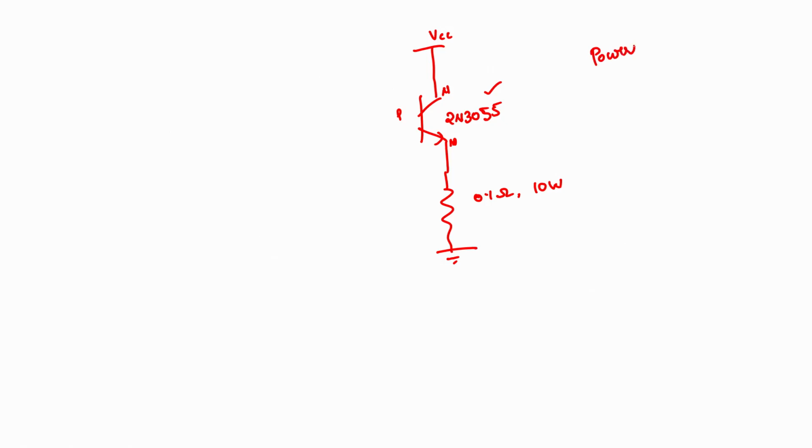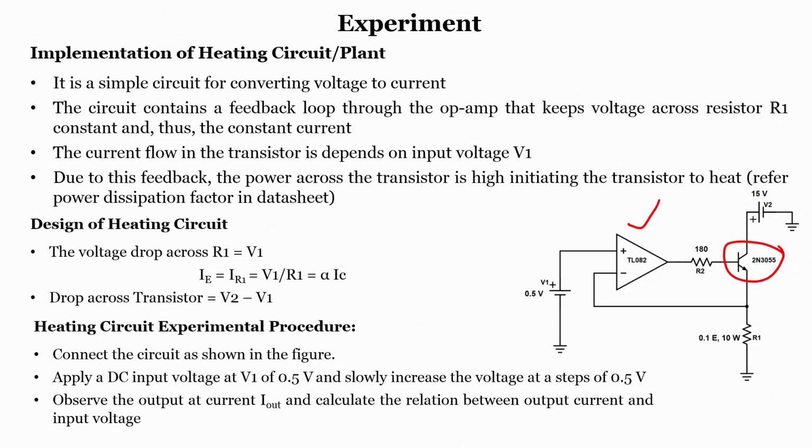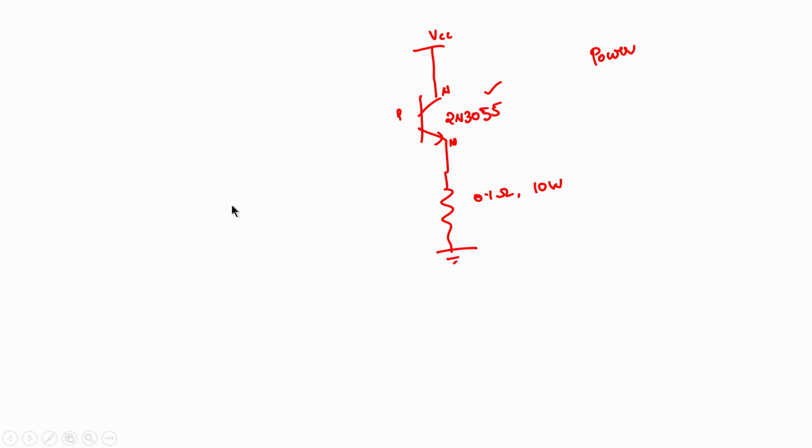When you look into the data sheet, you will understand the amount of power dissipated. The amount of heat dissipated entirely depends upon the power dissipation factor, for which you can get the value in the data sheet. Higher the power, higher the withstand capability of your transistor.